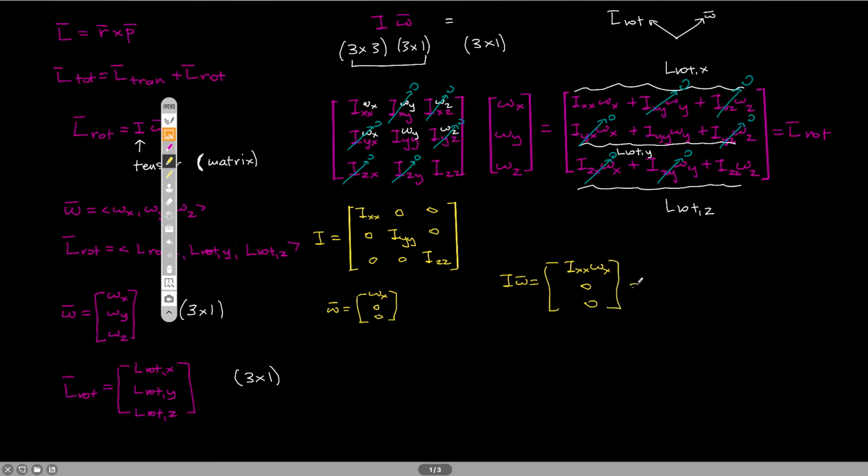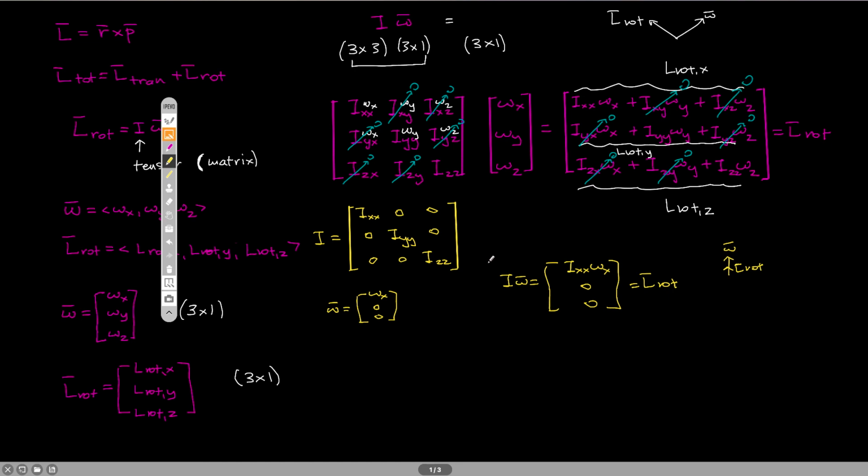And this is equal to L rotational. So now you can see L rotational, the x component is a number times omega x, 0, 0. So in this case, if omega points in the x direction, L rotational points in the same direction.